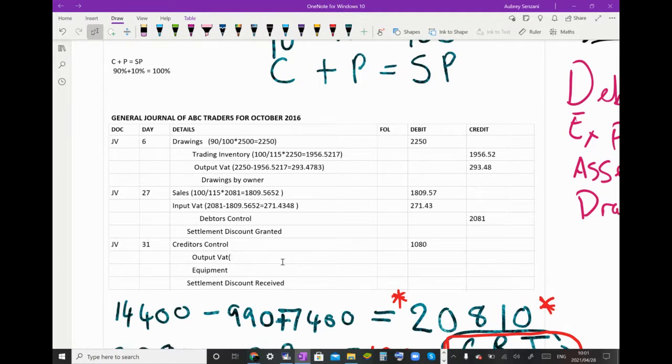It's 15 divided by 115 times the amount here, and that gives us 8. Why doesn't it want to calculate this? Oh, I know, I need to make a space there. There we go.